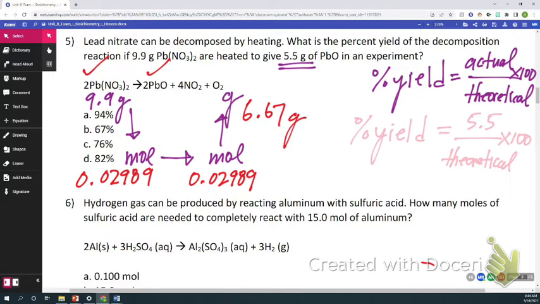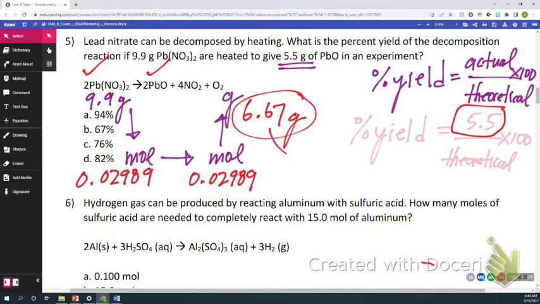That is in theory, if the world was 100% yield, if this thing yielded 100% and it's like a perfect reaction and you don't lose anything. You don't lose anything to the atmosphere. It doesn't burn off and disappear. You've done it perfectly in the lab. In theory, this is how much you should get. But they're saying that you only got 5.5. It's heated to give 5.5.